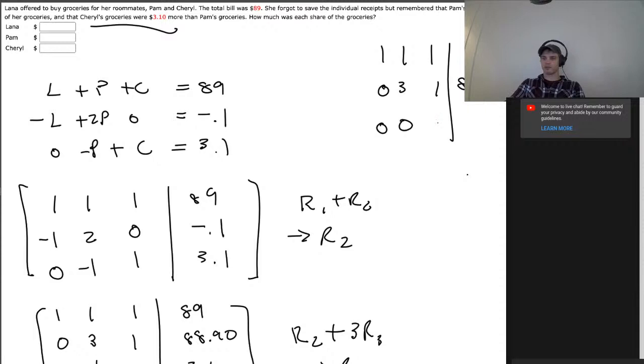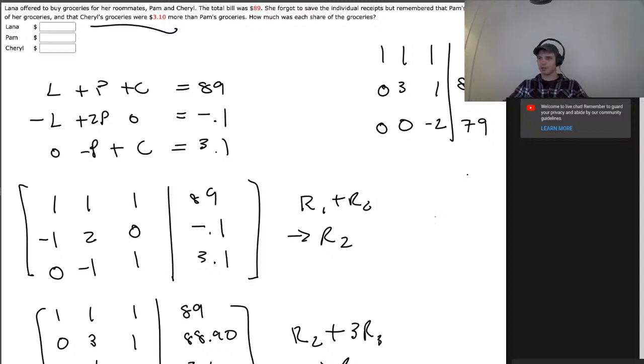That's what we were looking for. 1 plus negative 3 is negative 2. And 88.90 minus 9.90 is going to be 79. Let me check it. 88.90 minus times. Oh no.